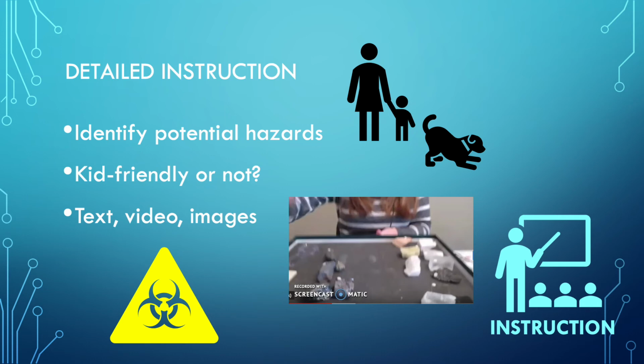If they have problems, you might say, hey, this is best a lab to do on your own. Or you might actually encourage them to incorporate their family in their activities because it then makes the course feel more welcome to their specific situation. Again, use text, video, and images to identify any potential hazards, and make sure you let them know what to do should they encounter any problems.